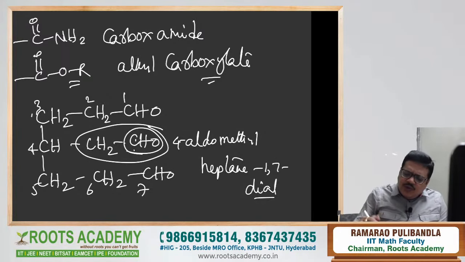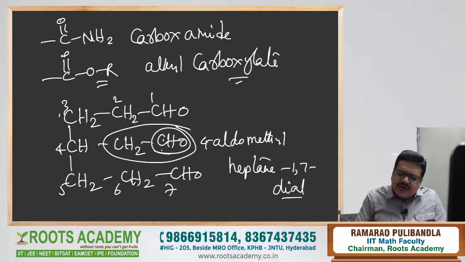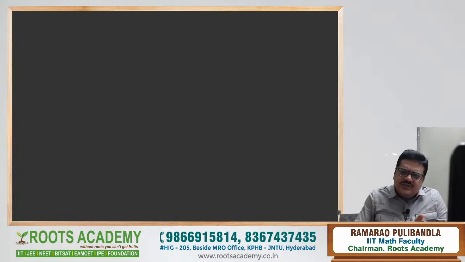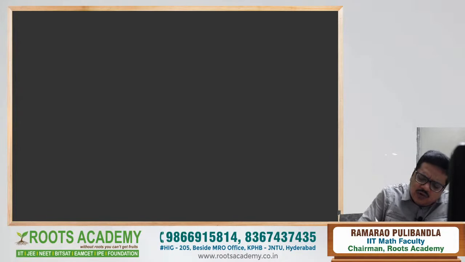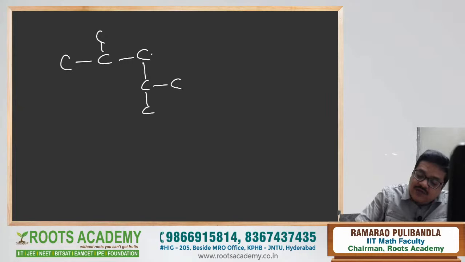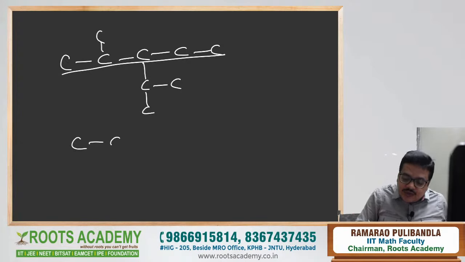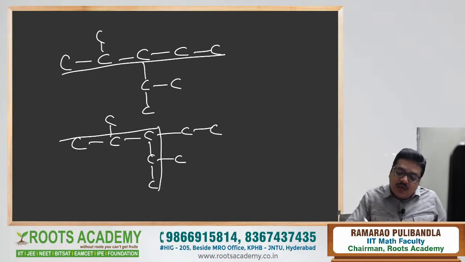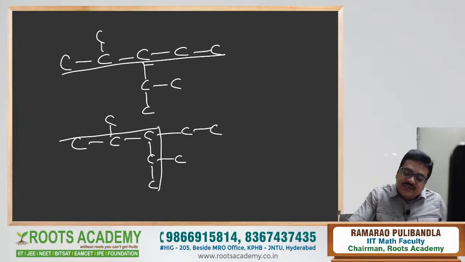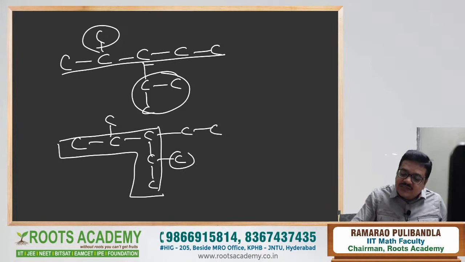Now I want to discuss about another rule. If a carbon chain is having a branch, this is a long chain. It is also a long chain. Now this chain is having 2 branches. This chain is having 3 branches.